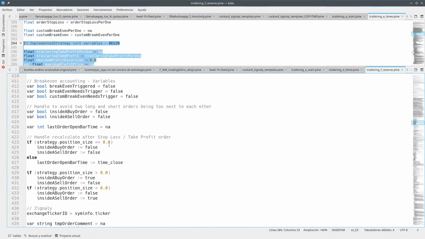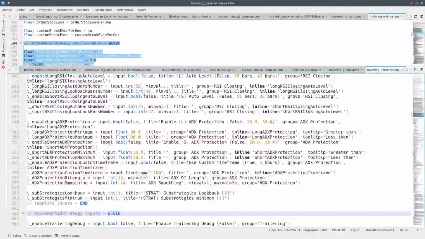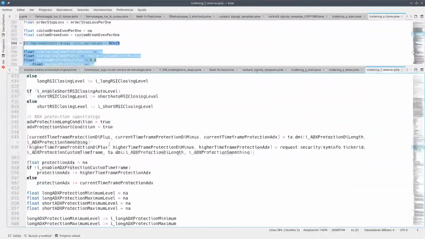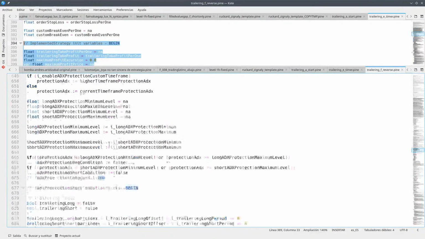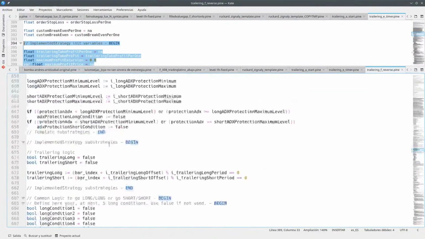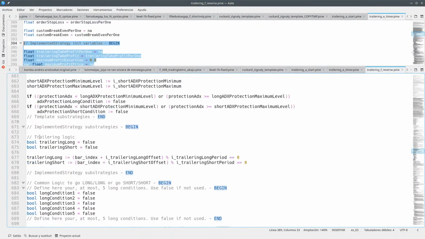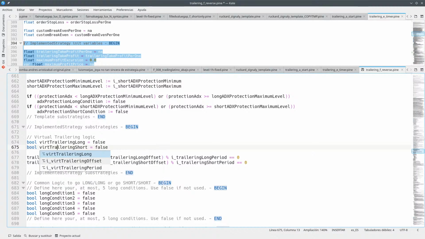This should be found here. So this is virtual trailing logic. Okay, let's use bear as we have with all of the rest of the stuff.